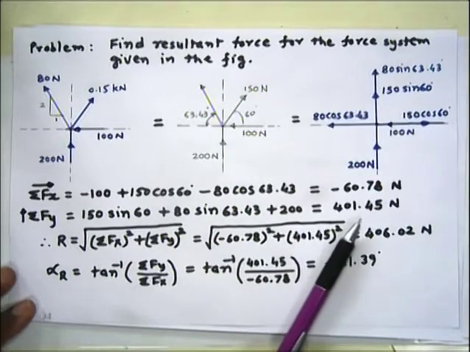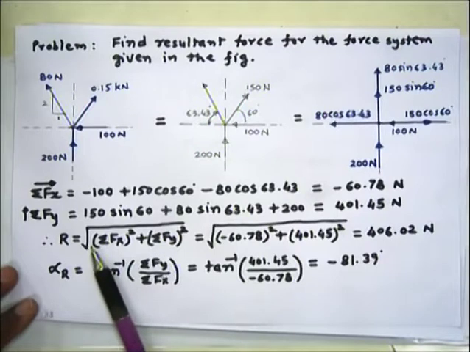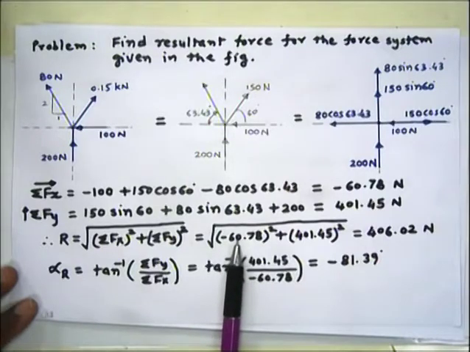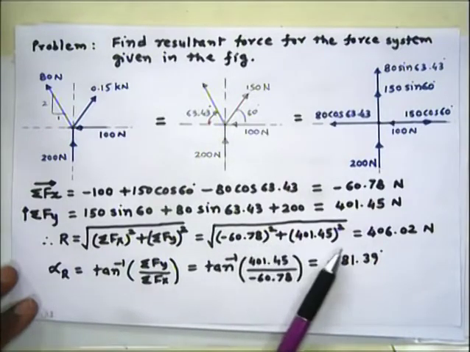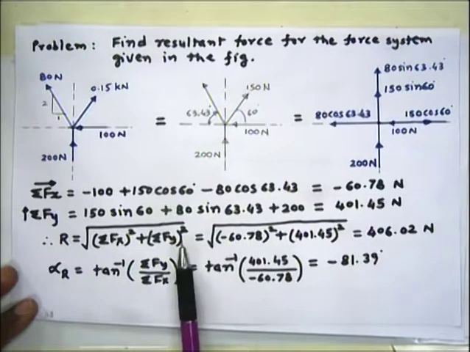This will give you 401.45 Newton. Then R is given by the root of sigma Fx square plus sigma Fy square, and putting the values of sigma Fx and Fy here, we get R equal to 406.02 Newton. So this is the magnitude of the resultant force.